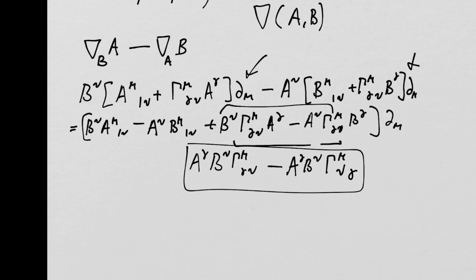So this thing would cancel if capital gamma mu gamma nu minus capital gamma mu nu gamma equaled 0, then this would go to 0. In other words, if this equals that, because this and that are the same as this and that.